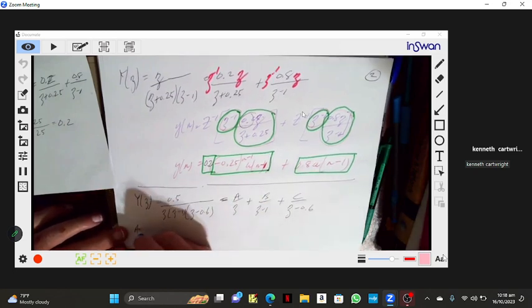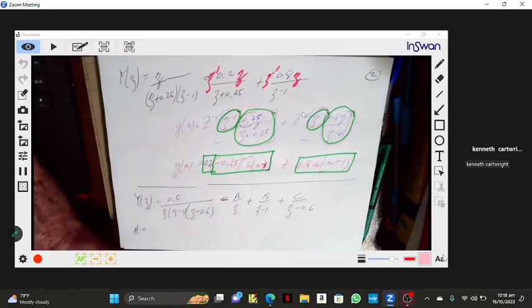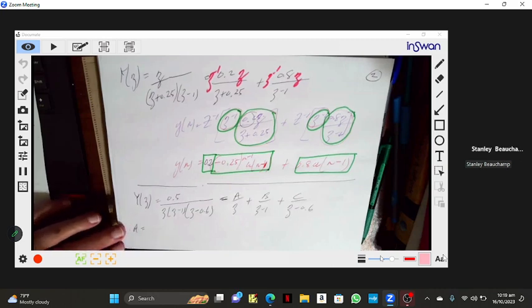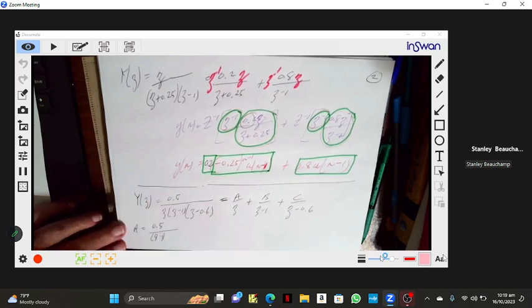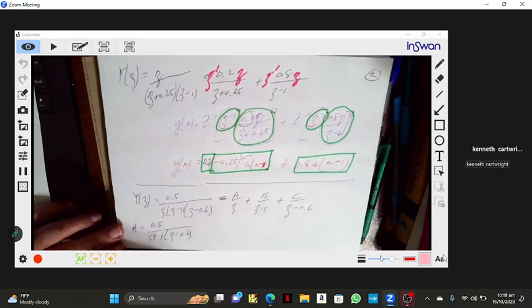Now, what's A going to be? A will be 0.5 over Z minus 1, and the next bracket will be Z minus 0.6. Yes? Make Z equal 0.